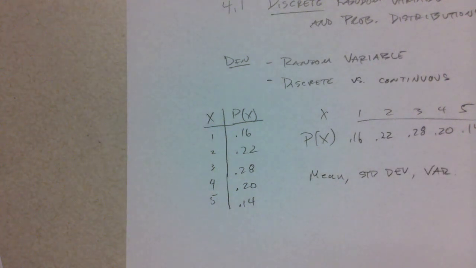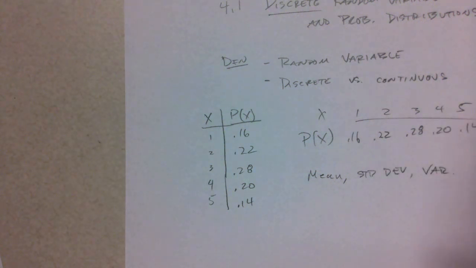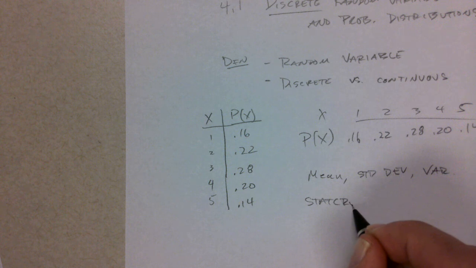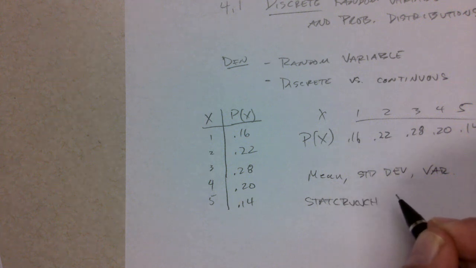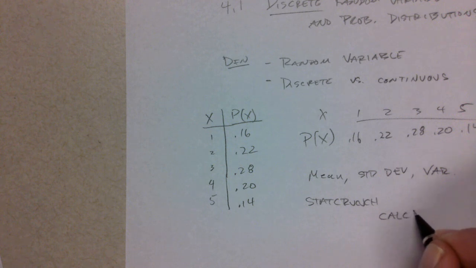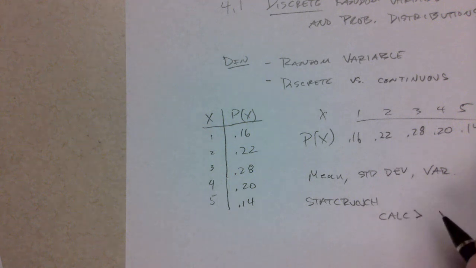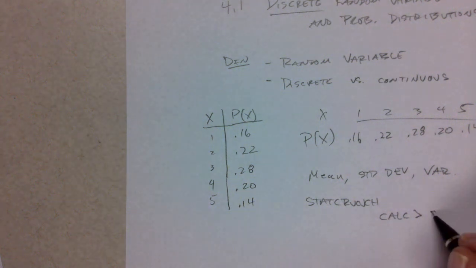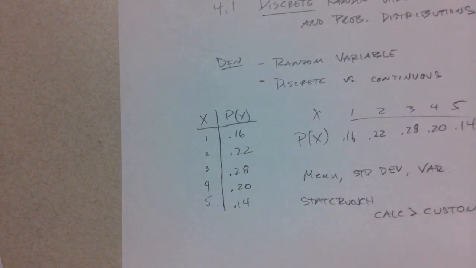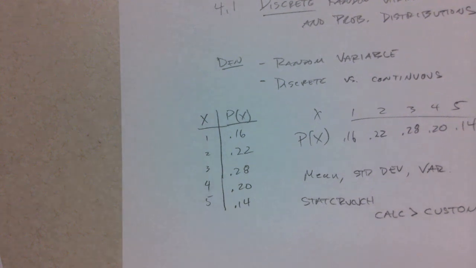So in this case, the way you do that is you go to StatCrunch, Stat, Calculators, Custom, right? Stat Calculator Custom to find those things.